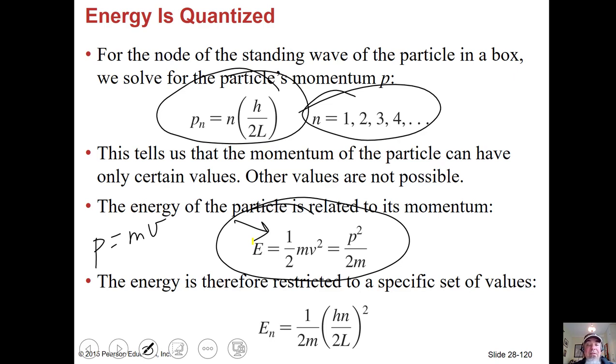Put in the momentum is m times v, and you get this relationship. The energy is therefore restricted to certain values. So the energy is quantized. So the momentum is given by this equation, the energy is given by this equation. So this is a particle in a box. You can't just have any old energy. There's only certain values.